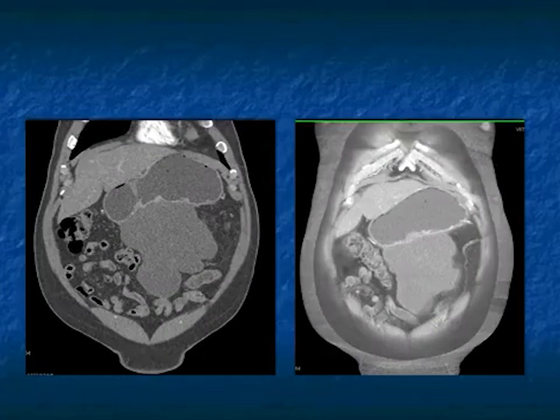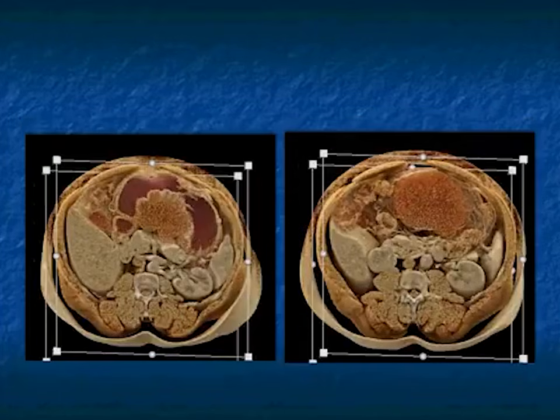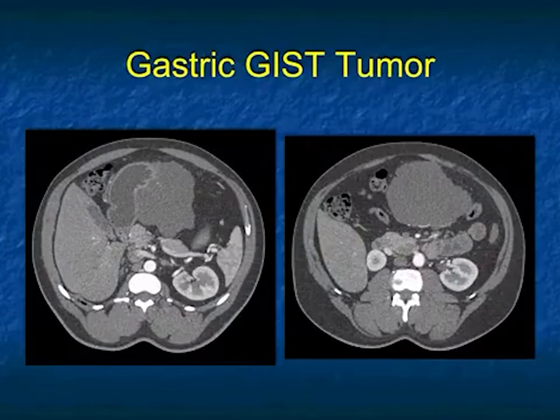It can extend intraluminal, extraluminal, or even only intraluminal. The most would be extraluminal. And so in this case, lobular mass coming off the stomach, it's not a mesenteric cyst, it's not a pancreatic lesion, it's not a lymphoepithelial cyst. Nicely shown on the cinematic. This is a great example of a gastric GIST tumor.